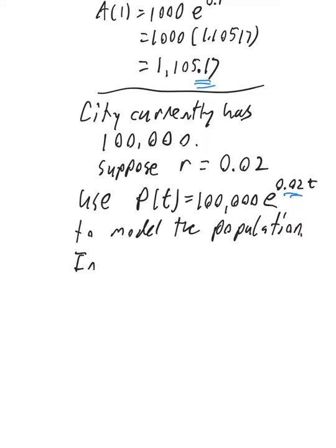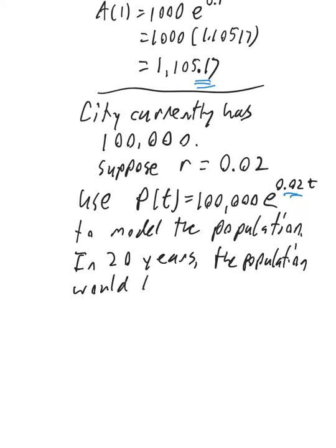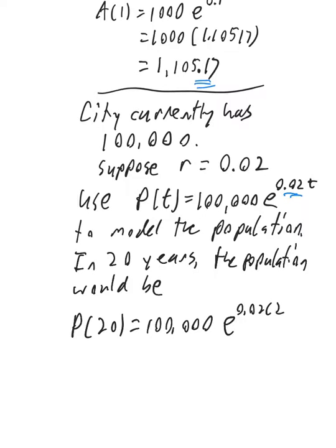So let's say in 20 years, the population would be, we would just go P of 20, it's 100,000 e to the 0.02 times 20.